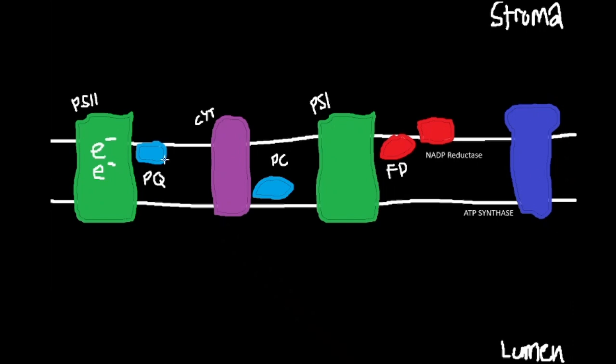That's what separates the internal and the external environment of the thylakoid. The thylakoid membrane comprises a lot of proteins, and it is also a bilayer. It's just there to separate and to create something out of it.